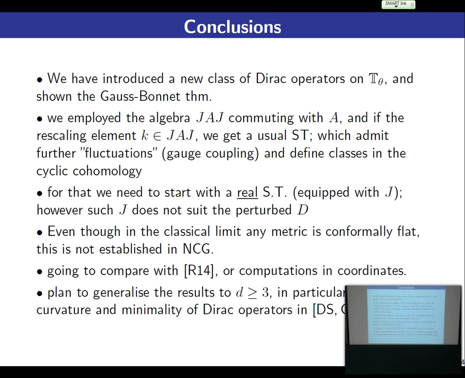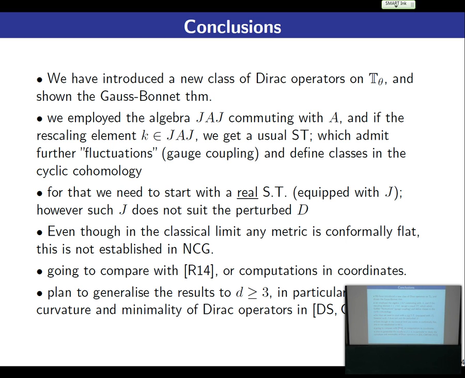Because of this dressed character of the scalar curvature, actually we are going to compare it with Rosenberg's recent paper in which he computed completely differently. It got different expressions, but who knows, maybe it is just an artifact of this dressing.